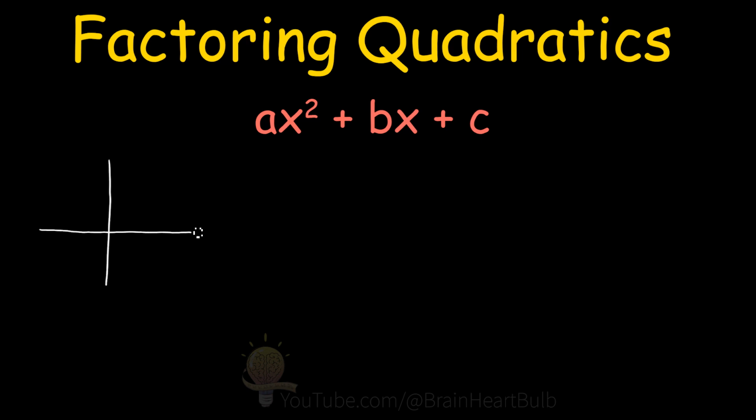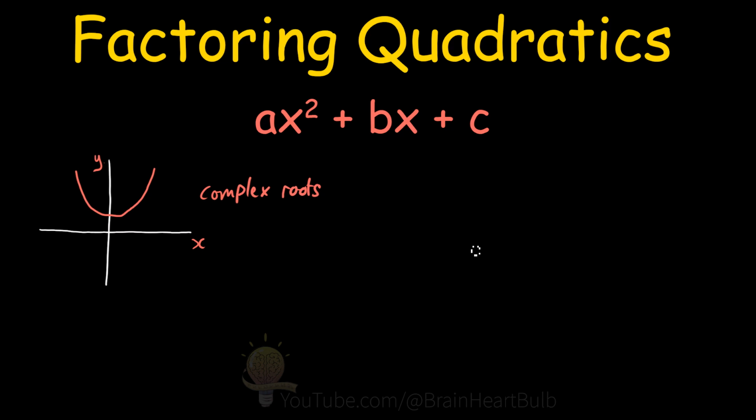you may have a situation where the curve does not cross the x-axis. In this case, we have no real values for x in this quadratic. In other words, we have complex roots.